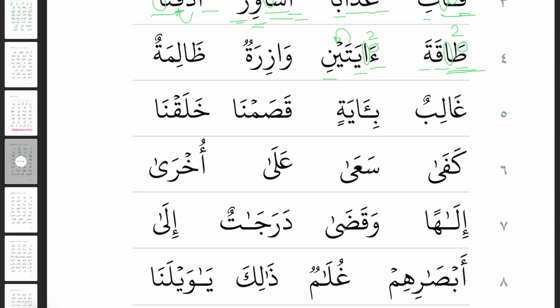Then I have wa, zi, ro, tun. Here was our 2-count stretch. The wow had the fatha with the alif, so that's where our 2-count stretch was. Then we have a va with a fatha and an alif, so the 2-count stretch on the va is thick and heavy. Va, li, ma, tun.